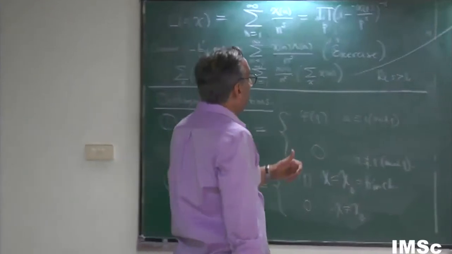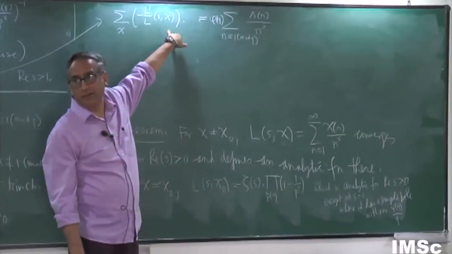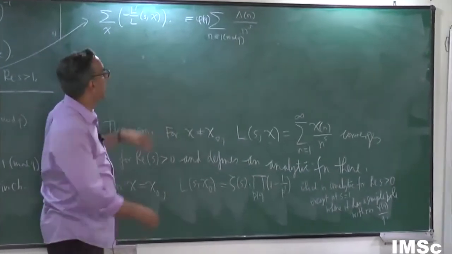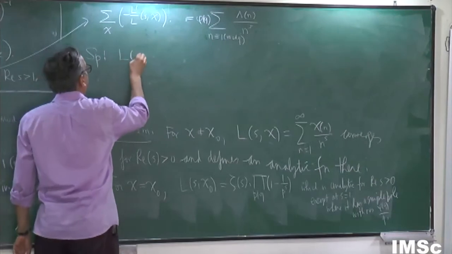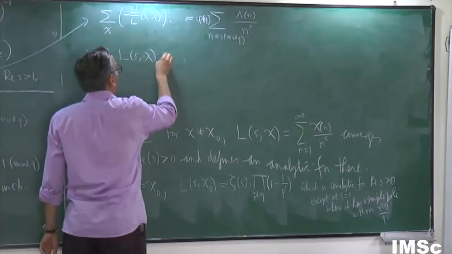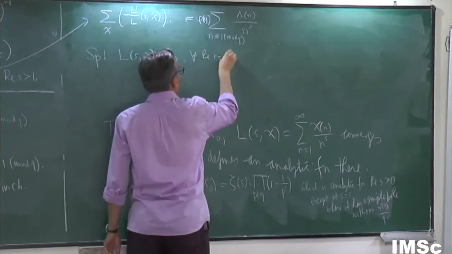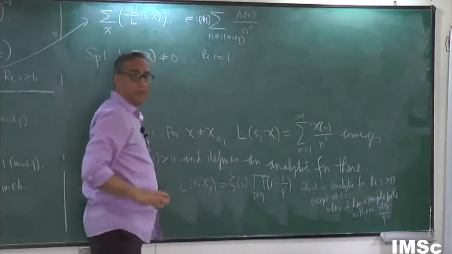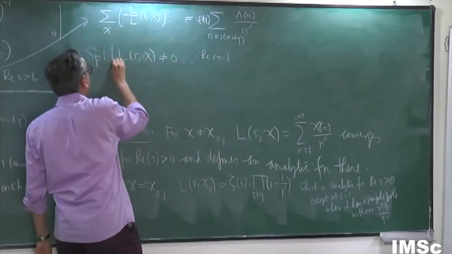We need to worry about zeros of the L function on the line real part of s equals 1. So suppose L(s, chi) is not 0 for all s with real part of s equal to 1. So we'll need to assume this.